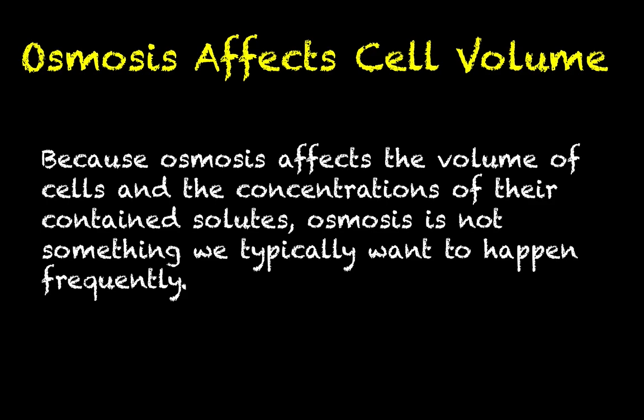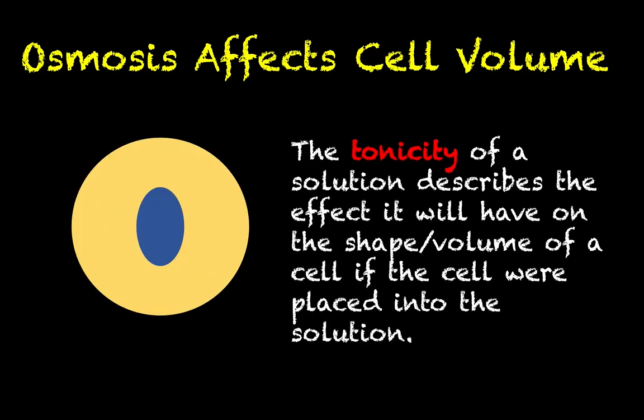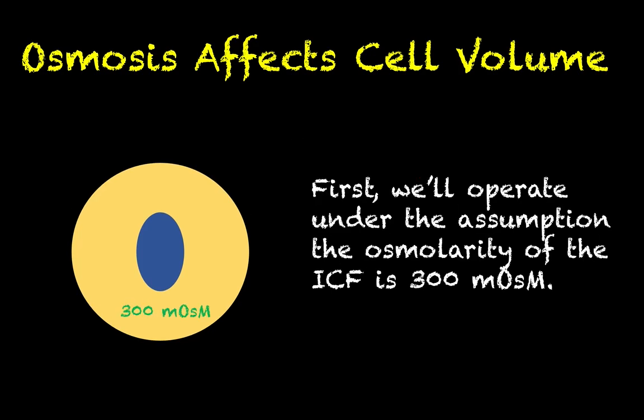So the idea here is that since osmosis will affect the volume of cells of body fluid compartments and therefore the concentrations of their contained solutes, usually in most cases osmosis is not something that we typically want to happen on a frequent basis outside of some very specialized situations such as what's going on in the kidneys most of the time. So the tonicity of a solution or a bodily fluid describes the effect that solution will have on the shape and volume of a cell if that cell were placed into that very same solution.